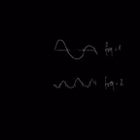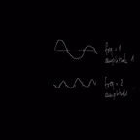Frequency is 1, and here frequency is 2, for example. And at the same time, the amplitude is halved. Amplitude is 1 here, and amplitude is 1/2 here. And now these two are added together.